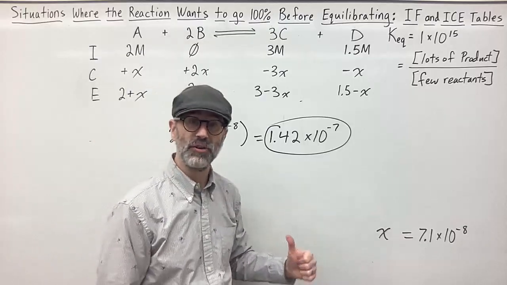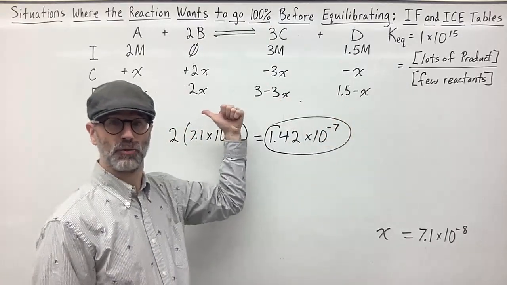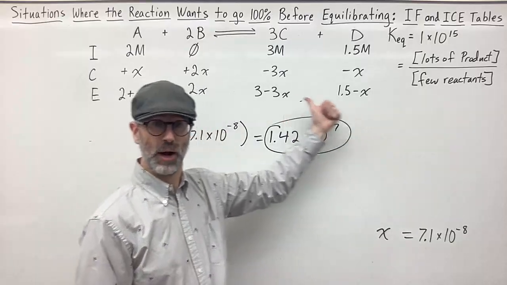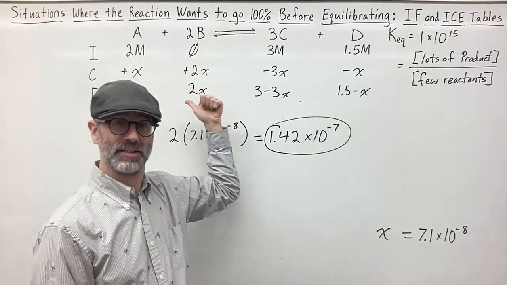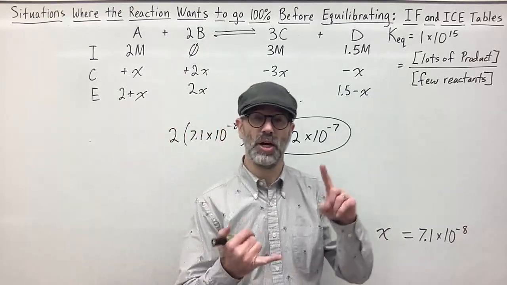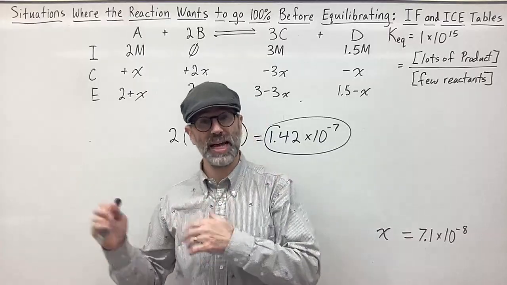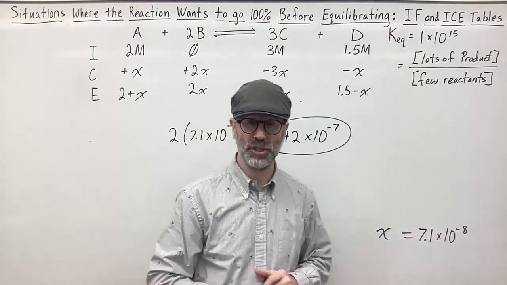So in that case, the equilibrium would shift this way to create reactant, and that's the direction it does want to shift. It favors reactants. And so that would be another situation in which you would have to do the stoichiometry first, right? Make it go 100% in that direction or this direction.